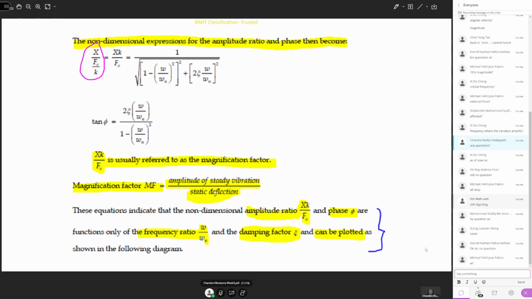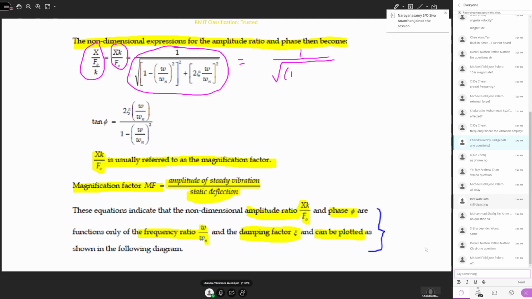The k will go up, x k over f naught, and that one you can write as 1 over square root of 1 minus r square whole square plus 2 eta r whole square.